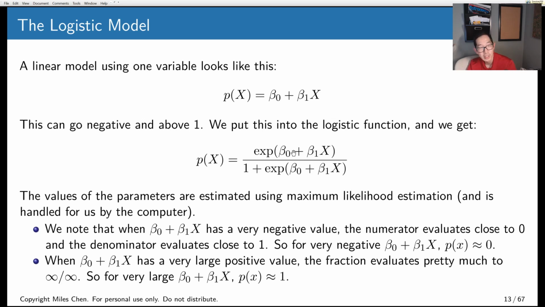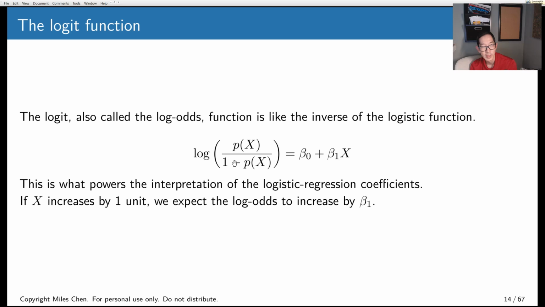That number is pretty much 1, a billion divided by a billion and 1, a ratio very close to 1. So as we plug in a value from negative infinity to positive infinity, the range of the logistic function goes from 0 to 1.